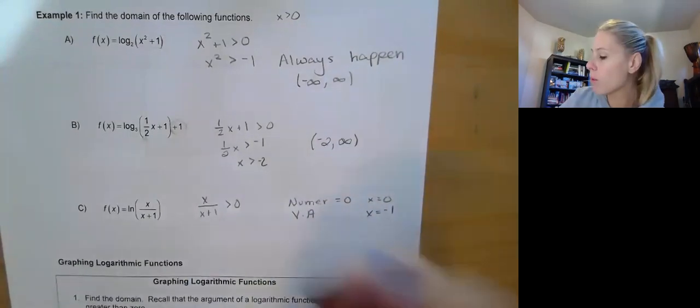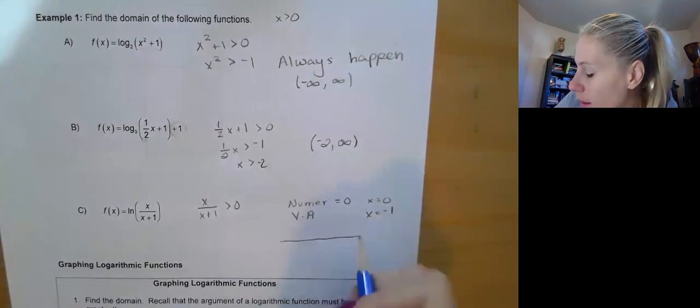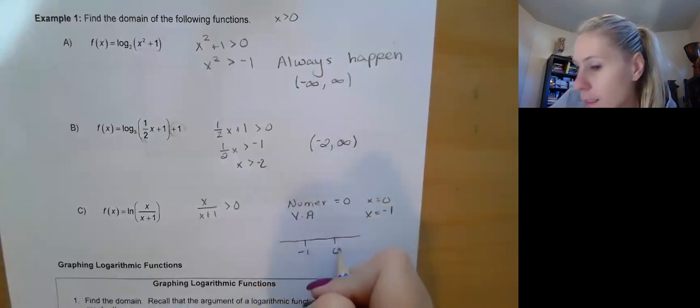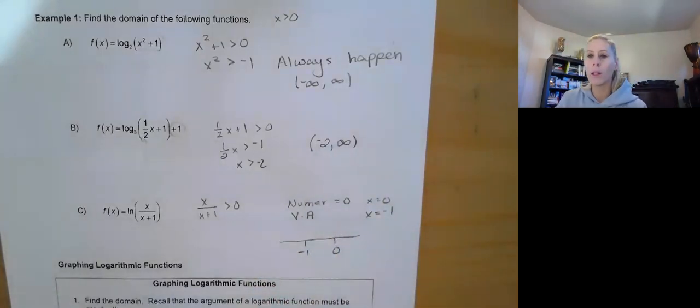So when we do our sign array, we have to include both these values. Now, the great thing is I don't have to worry about it being filled in or not because all of this is not equal to, whether it's a vertical asymptote or not, so I don't have to worry about that.